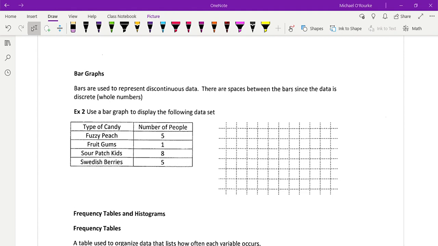Just make a quick bar graph. Just sketch a bar graph real quick. And same with you guys online. Sketch a little bar graph for me.